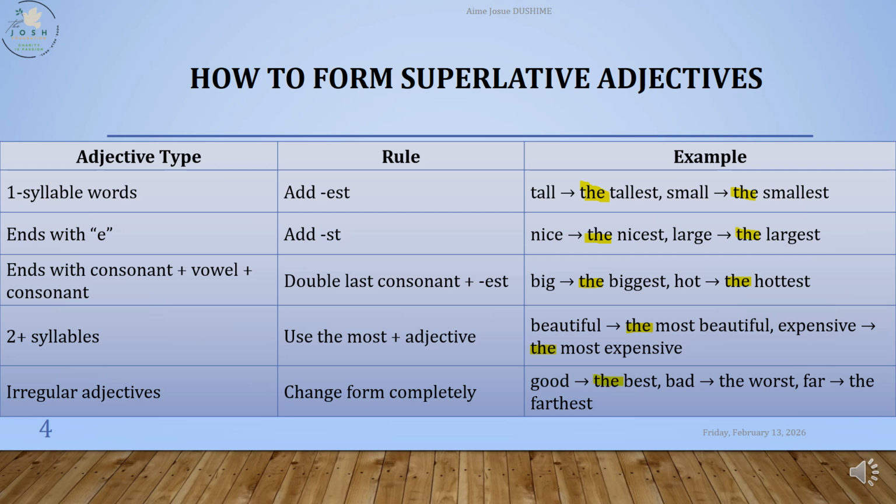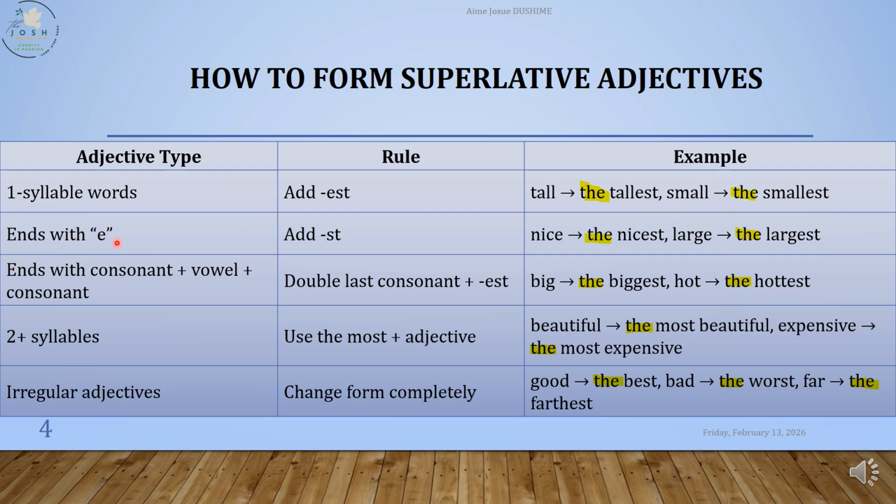Even for irregular adjective, we use the before we put a superlative adjective. Simply, when we say one syllable, we just add est for one syllable words. Tall, the tallest. Small, the smallest. We just add est to the adjective.